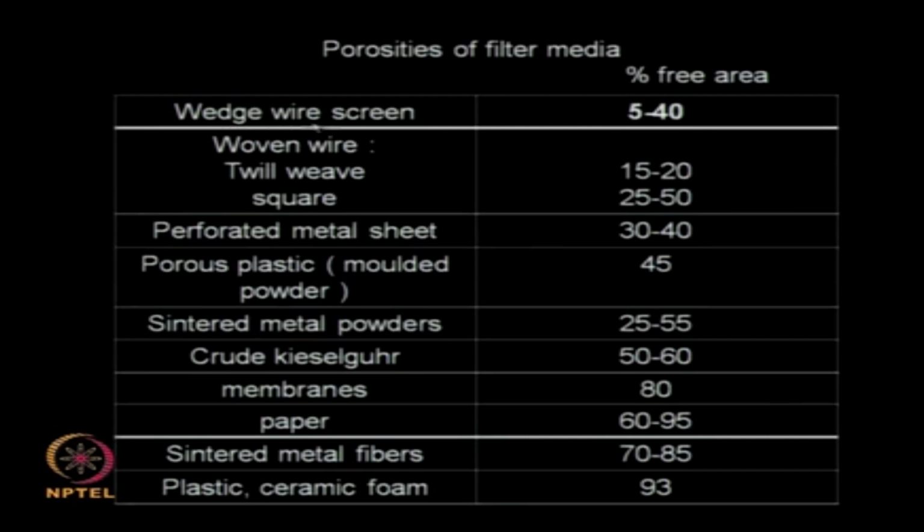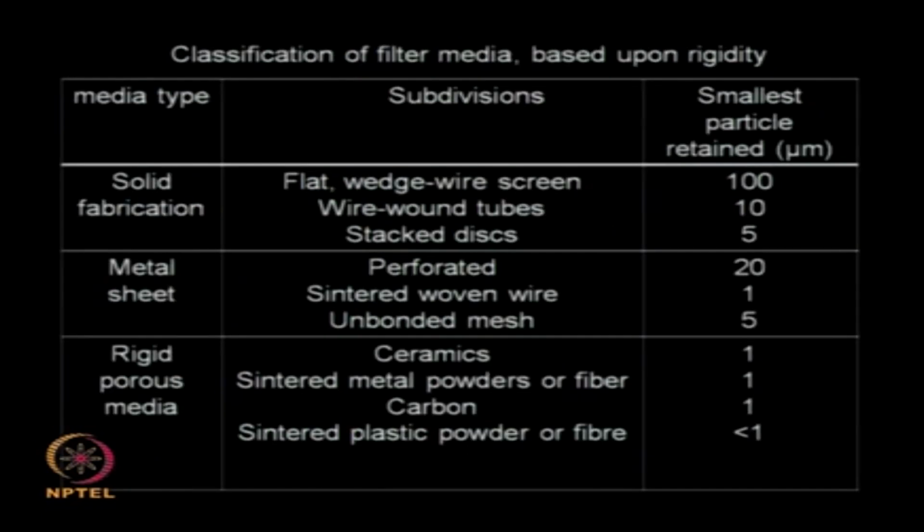So we are talking about wire screens, woven wire, perforated metal sheets, porous plastics, sintered metal, Kieselguhr, membranes, paper, metal fibers, ceramics, foams, plastics. So large number of synthetic or natural materials are used for this filtration process actually.